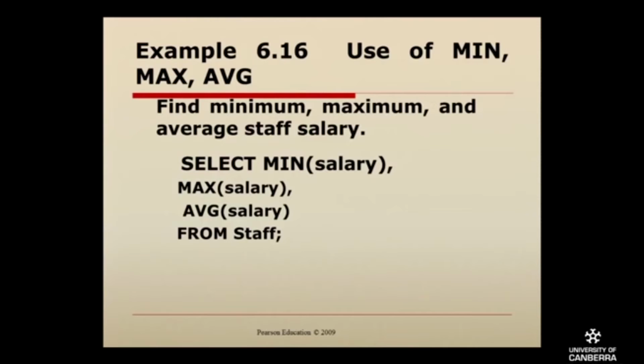Select min of salary, max of salary, and average of salary from staff. That gives you the minimum, maximum, and average wages that you pay to your staff. Remember that min, max, and average apply to an attribute. The attribute is the wages that you pay to the people.